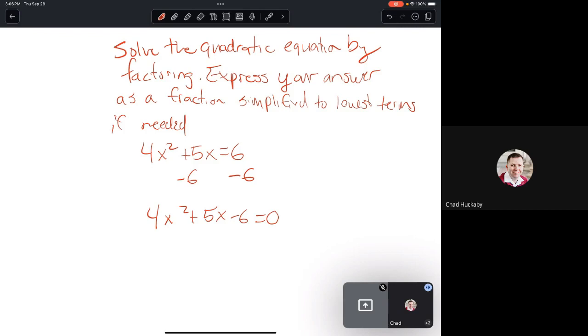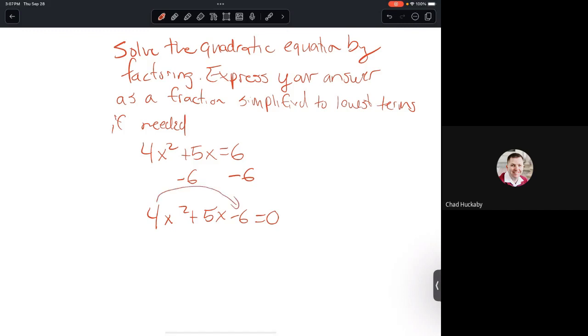So how do we factor? Well, we'll first use the AC method. We'll multiply A times C to get negative 24. And so we look for factors of 24 that sum to 5. So what are the factors of 24?